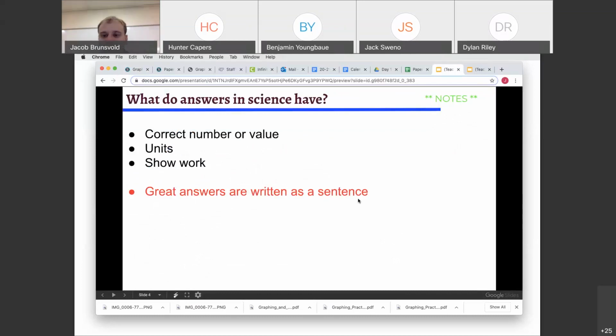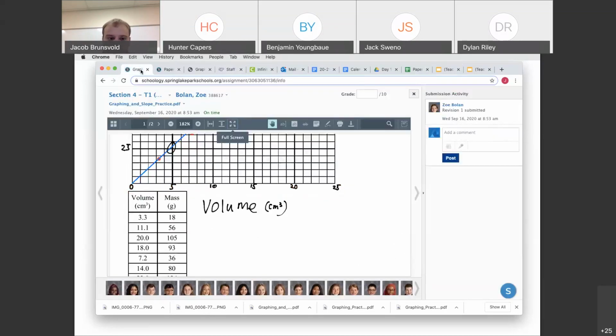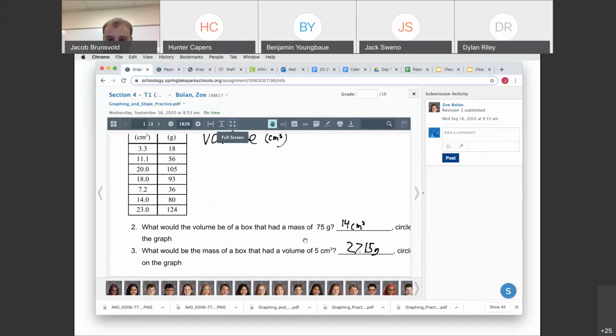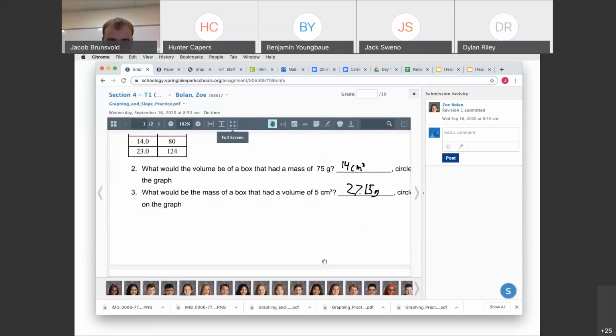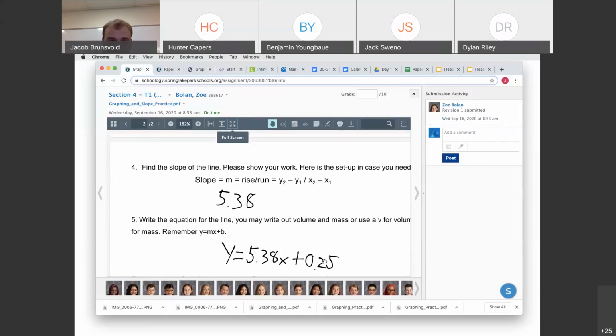And in fact, we're going to discuss that density lab tomorrow after you take some notes on mass and volume. So you'll want to definitely, during that discussion, make sure that you're writing your answers as a complete sentence. Not a big deal on here because it's just that one little blank spot, so you didn't really have enough room to write your answer as a full sentence, so don't worry about that.